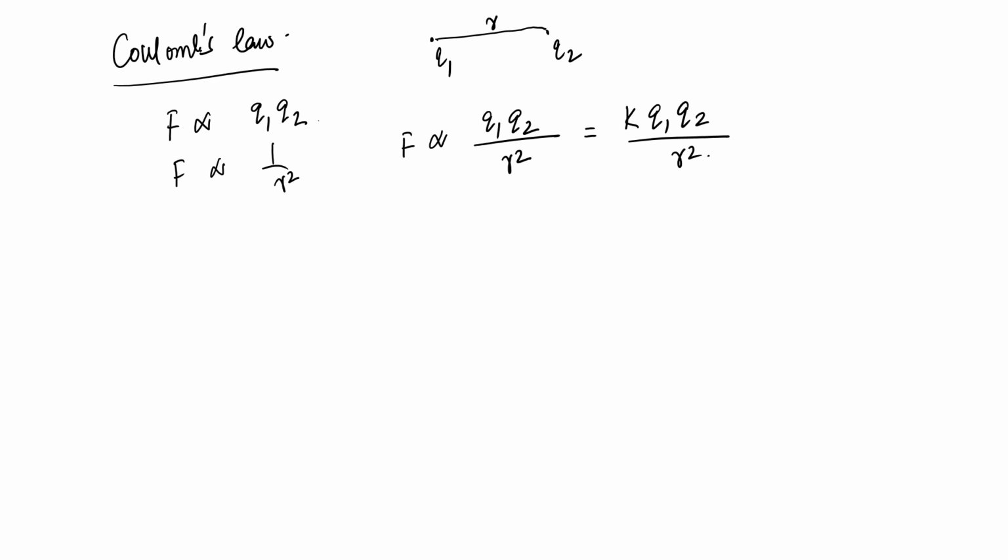This is known to everyone, so what is this k? k is numerically equal to the force, expressed in newtons, if there are two charges of magnitude 1 coulomb each, separated by 1 meter. In vacuum, k is 1 over 4 pi epsilon 0, where epsilon 0 is the permittivity of free space.